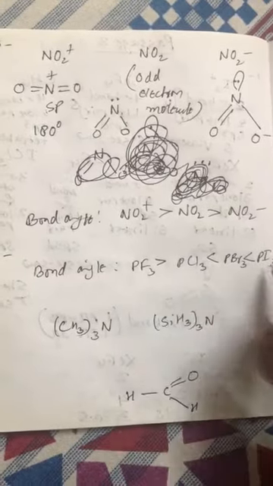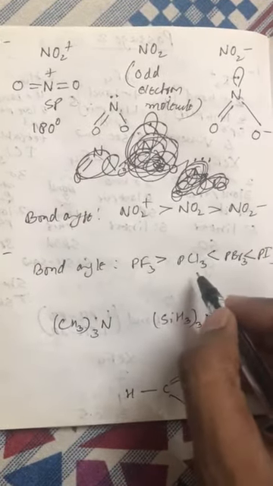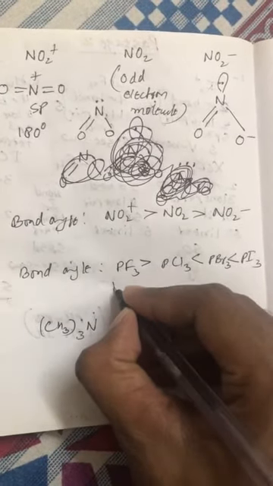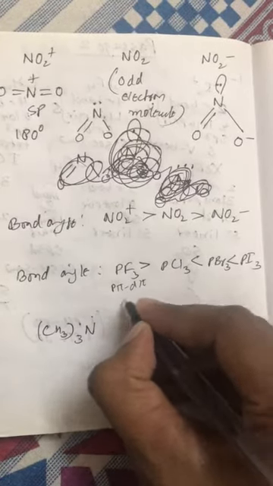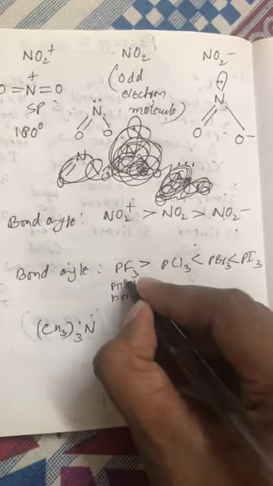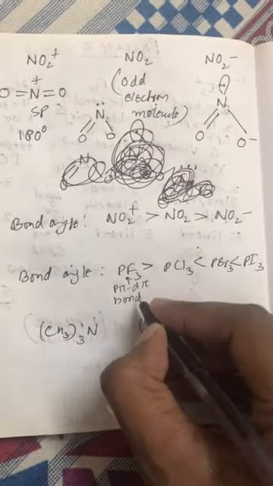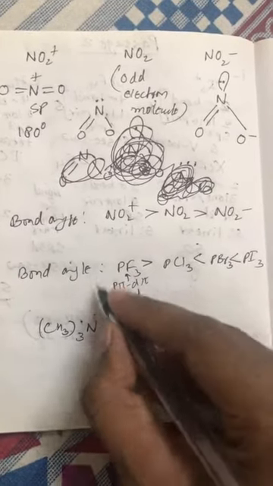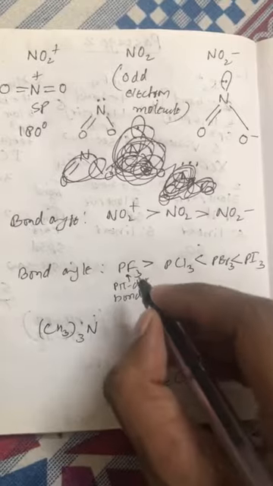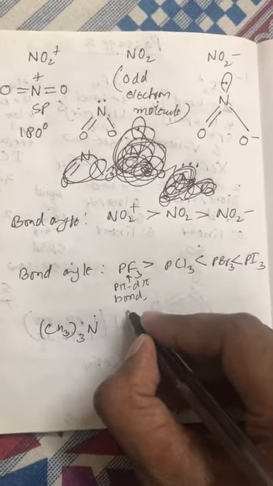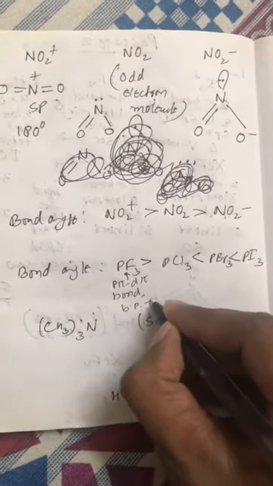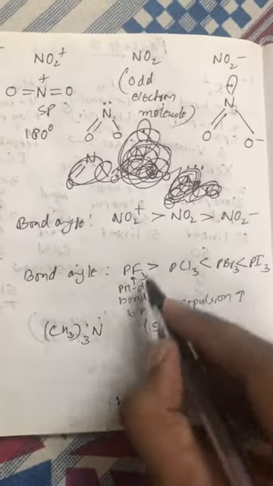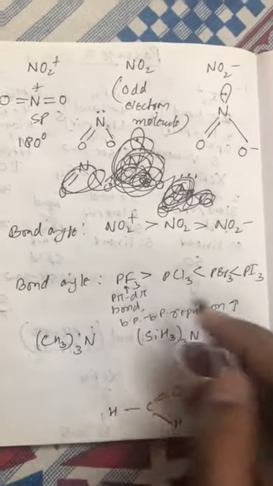So from PCl3 to PI3 bond angle increases, but in the case of PF3 and PCl3, bond angle of PF3 is greater than PCl3 because of pπ-dπ bond in PF3, and now pπ-dπ bond increases double bond character in PF3, and because of that double bond character, here bond pair repulsion increases. Now because of that repulsion, bond angle increases.